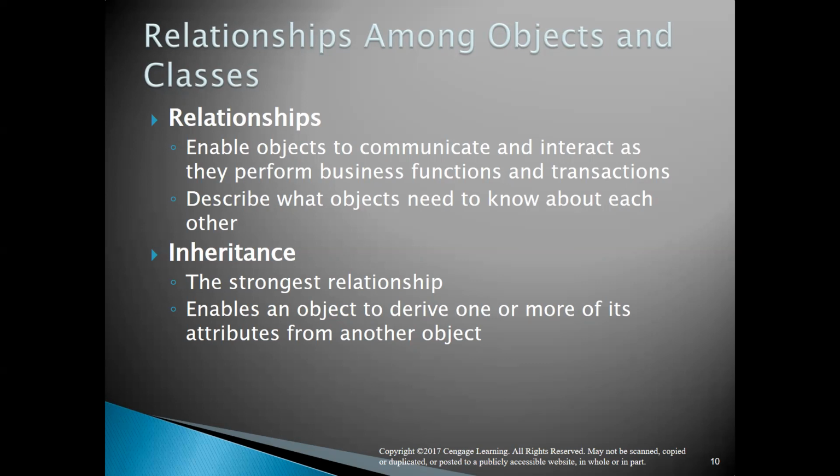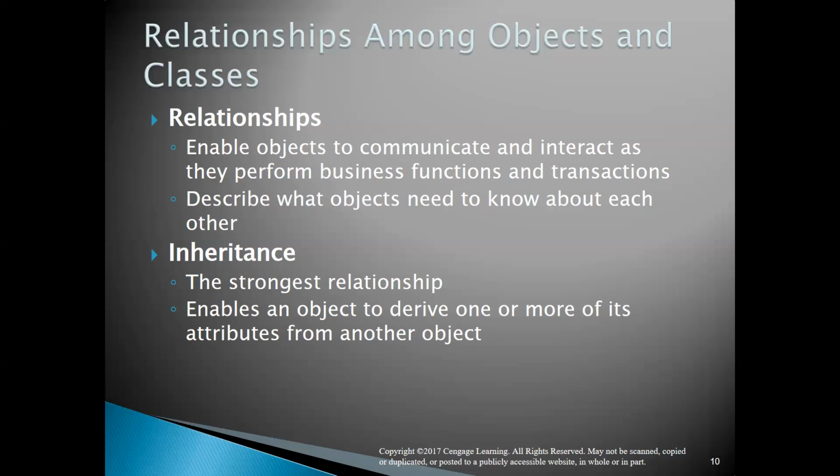For instance, we have two objects, parent and child. So how do they communicate? What is the relationship? The parents are the ones who give commands, or say something, and the child has to listen. How they communicate with each other is how relationships are defined.